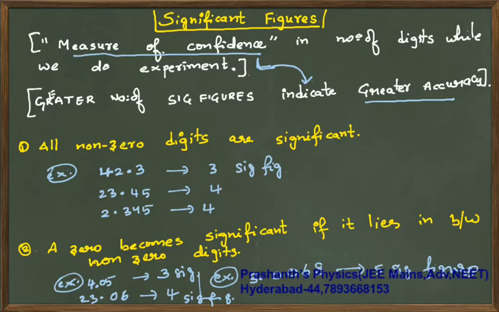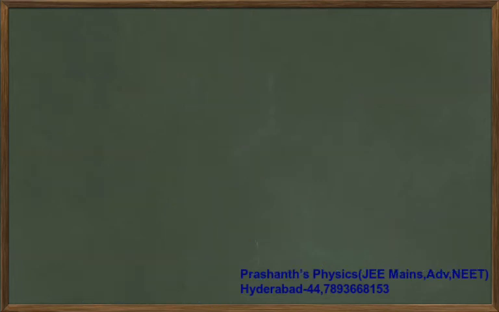Next, your third rule is: I have given two rules now. First I spoke of non-zero digits. Second, a zero between non-zero digits is significant.